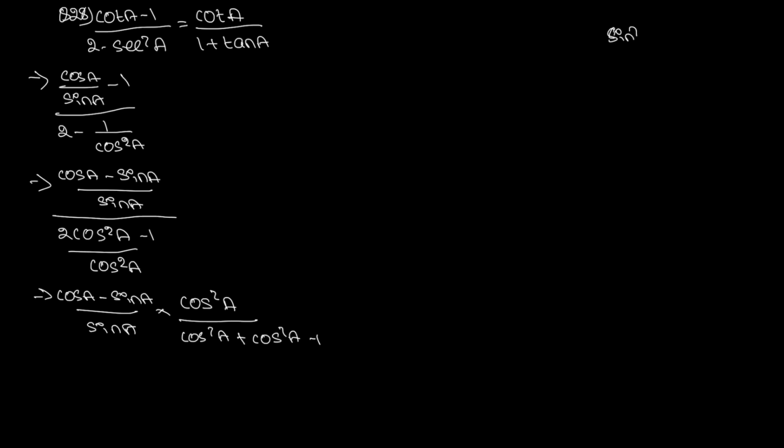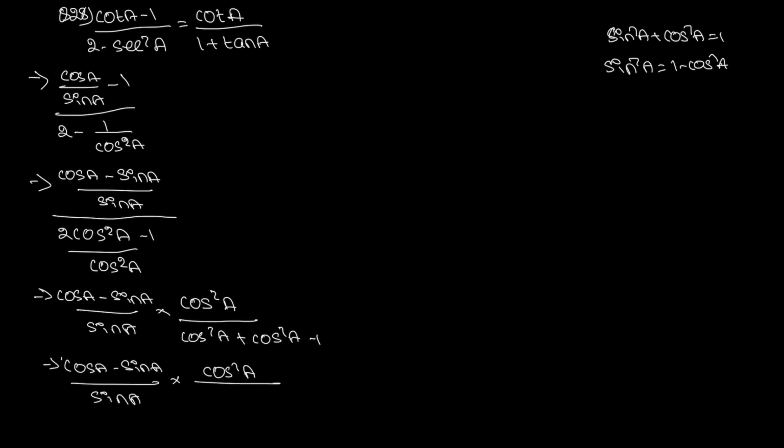Sin square A plus cos square A is equals to 1, and we know that sin square A is nothing but 1 minus cos square A. Here we'll be having cos A minus sin A by sin A remains same into cos square A by cos square A minus of, I am taking out minus sign as a common from this 2, we'll get it as 1 minus cos square A.